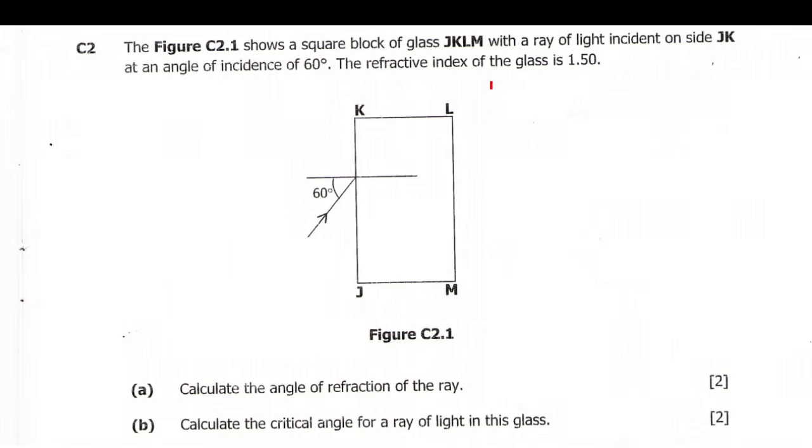The refractive index of the glass is 1.50. This question is actually similar to what we did. I don't know why the examiners just repeated the same, because for me this was redundant, which wasn't really professional.